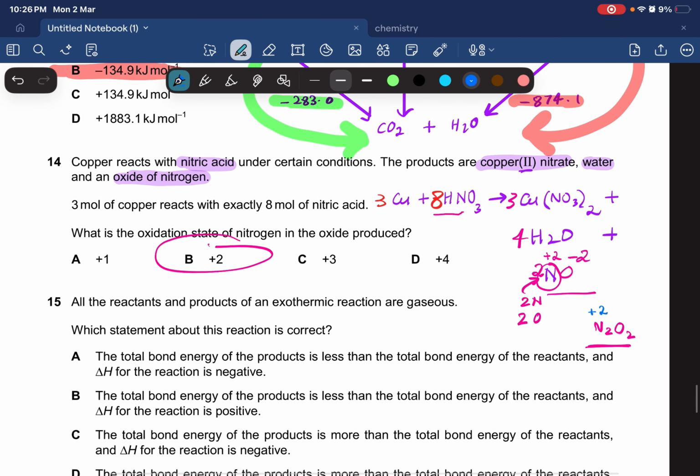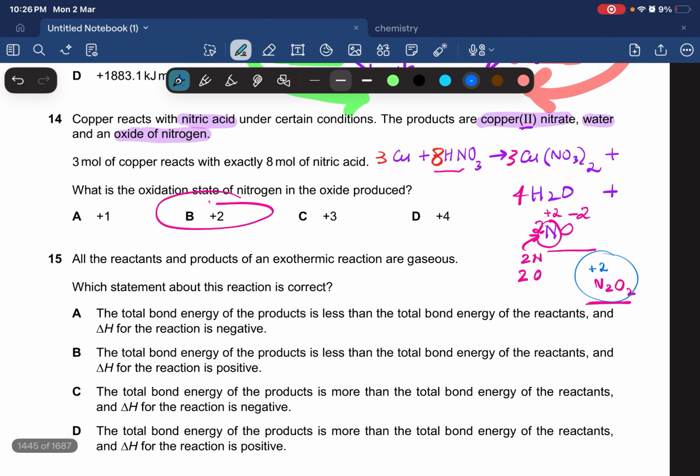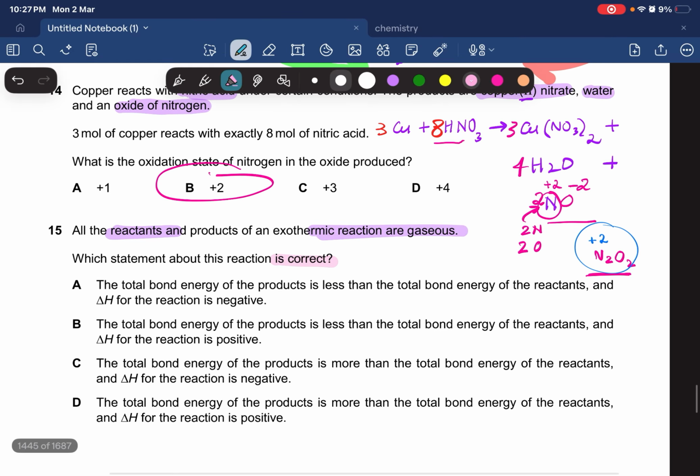No worries. All the reactants and products of an exothermic reaction are gaseous. Which statement about this reaction is correct? Since the reaction is exothermic, heat energy is going to be released.